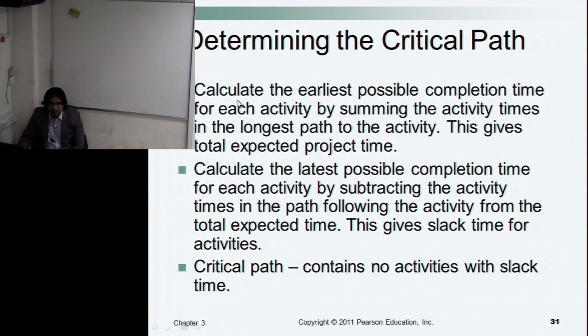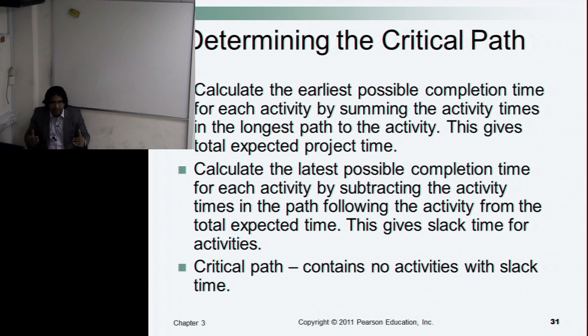How to determine the critical path? Calculate the earliest possible completion time for each activity by summing the activity times in the longest path to the activity. This gives the total expected project time. So, we will calculate earliest possible time for each activity and then we will sum up together.